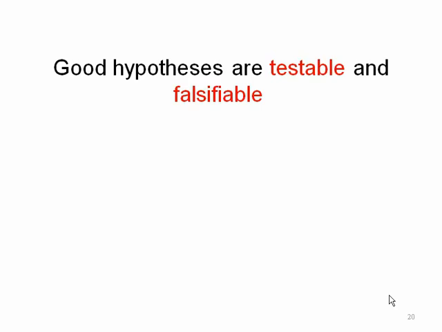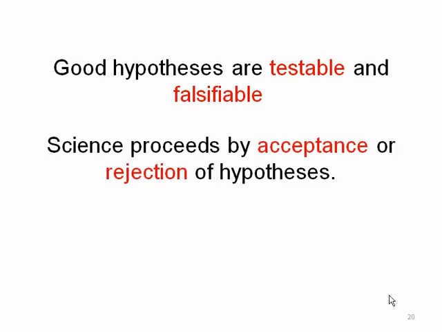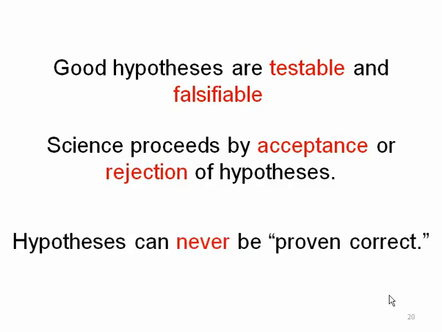And we'll describe what that means. Our understanding in the process of science proceeds by whether or not we're able to accept or reject the hypothesis. And it should be noted and always remembered that you can never prove a hypothesis correct. The hypothesis will be supported by observation or not supported by observation, but an absolute proof is not what's sought in the application of hypothesis testing.